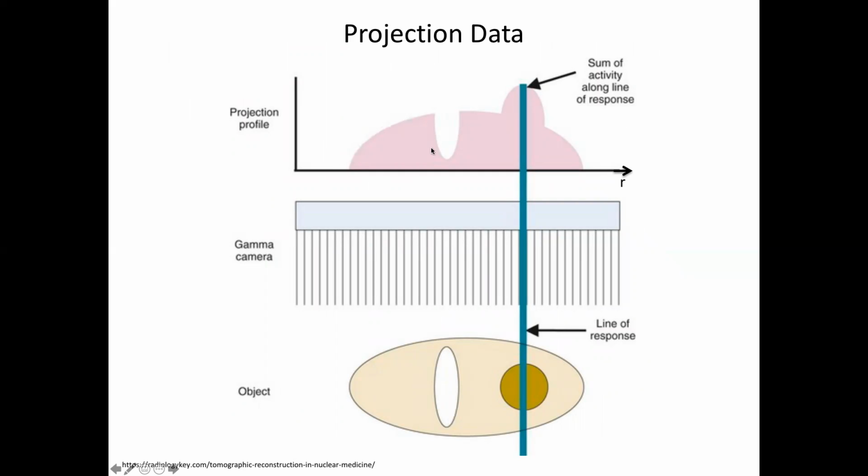And we get the number of counts plotted as a function of position along this projection, okay? This is exactly what happens with computed tomography after you take the logarithmic transformation of the ratio of the photons that get absorbed versus the photons that went in. You make this same plot, essentially.